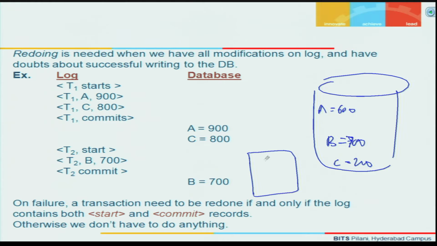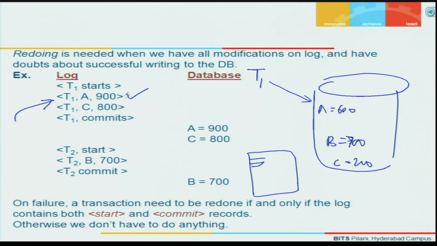Let us assume that this is the logbook or system log. An entry which looks like this will be made into this log, which indicates that T1 has modified data item A and the new modified value is 900. The actual writing by T1 onto the database has not yet taken place. Still the database contains the old value only. Actual update to the database is not yet performed.